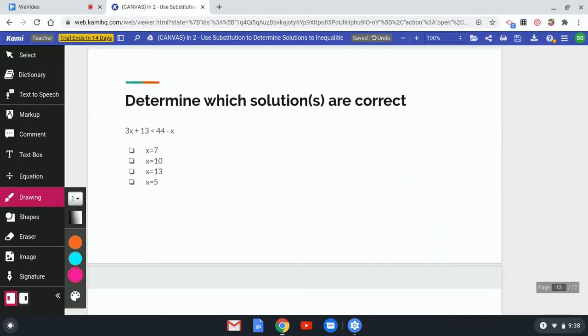Let's do this one together. So wherever I see x, I'm going to substitute the numbers they give me in. Okay, so for this first one, I would have 3 times 7 plus 13 is less than 44 minus 7. All right, well, what's 3 times 7? 21.